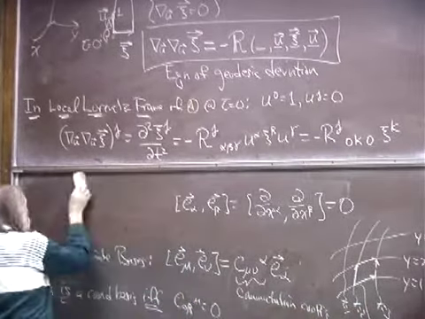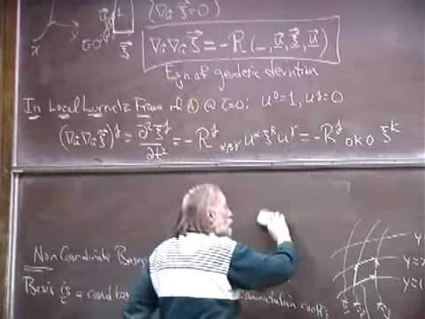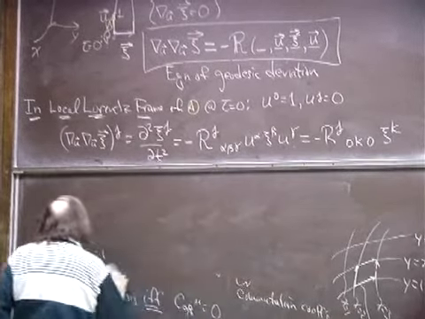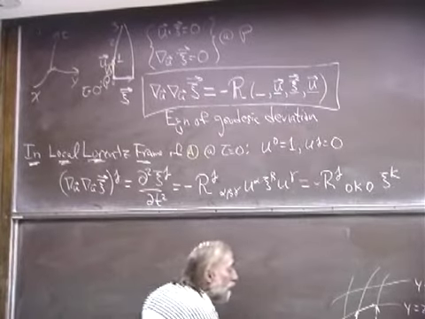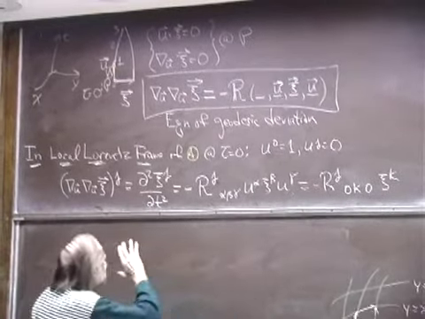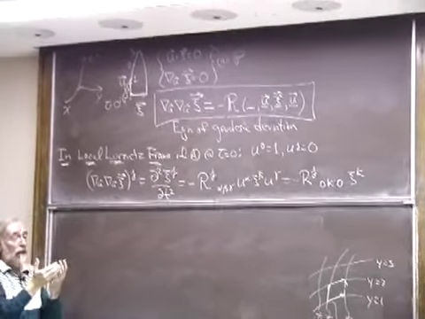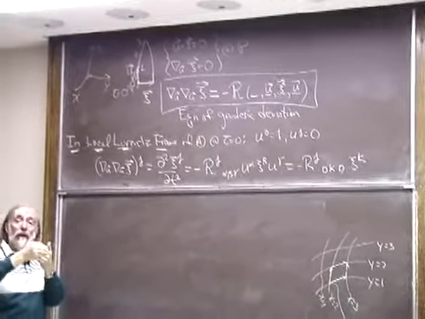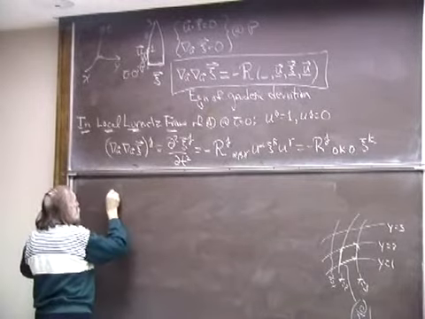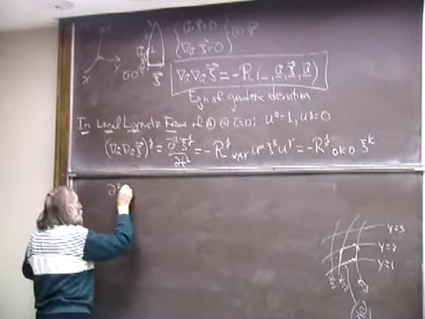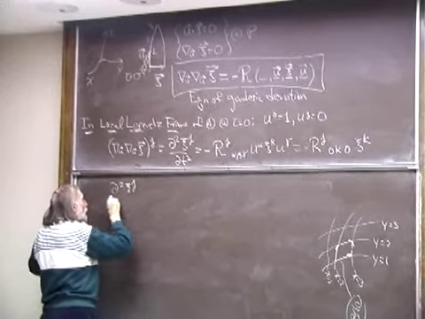So to re-summarize what I have just argued, in the local Lorentz frame of particle A, where one is watching particle B move spatially with respect to particle A, the equation of geodesic deviation has this form.